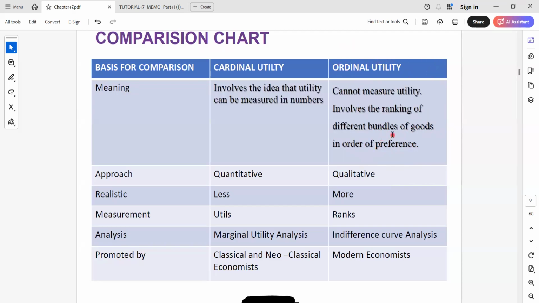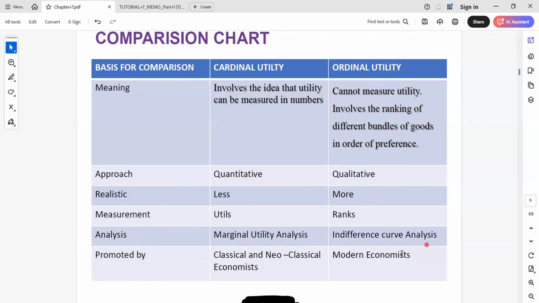So they rank the bundles of goods in order of preference. And then this approach is qualitative because it doesn't work with numbers. It is more realistic, I think because this is not an assumption, since I don't see the word idea. And then the measurement is ranks, obviously because they rank different bundles of goods.